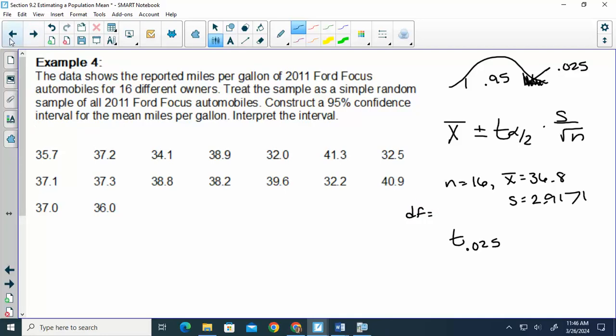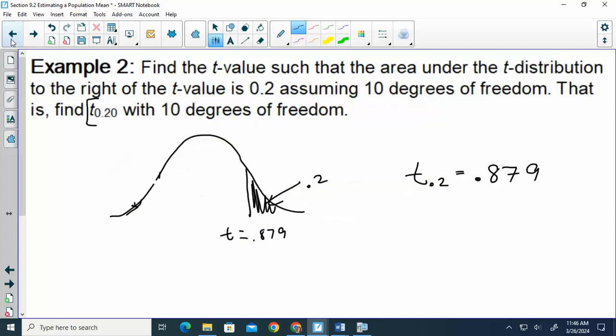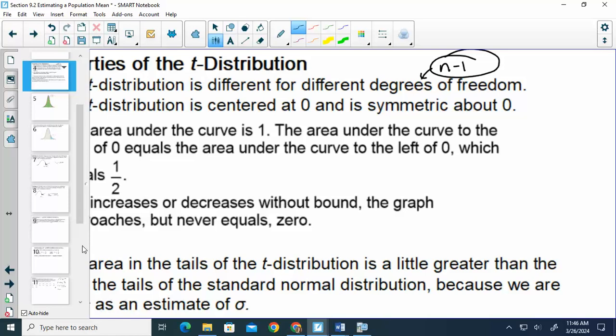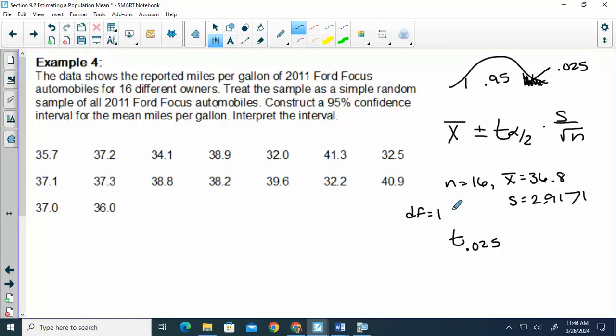N is 16, and I said degrees of freedom is n minus 1, so 1 less. So we have 15 degrees of freedom. T is 0.025. So go to your table. So the T value is 2.131.